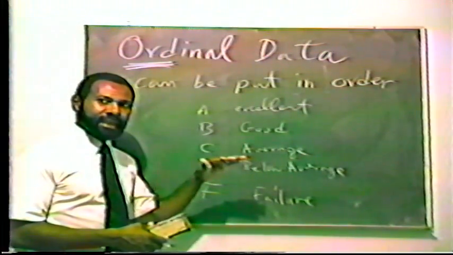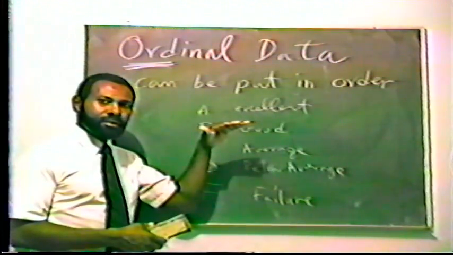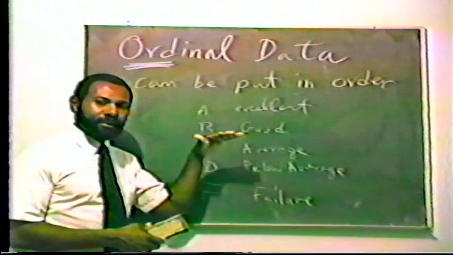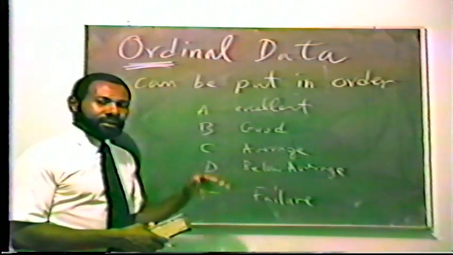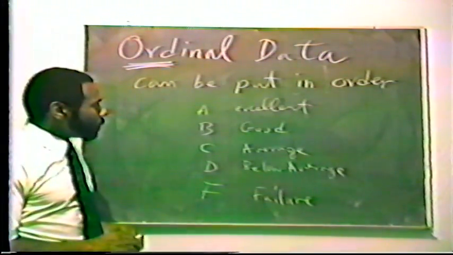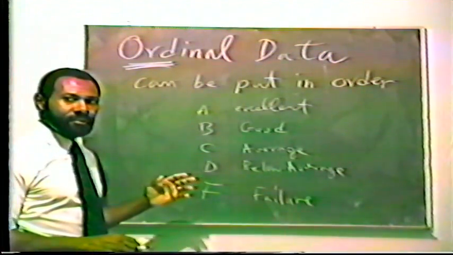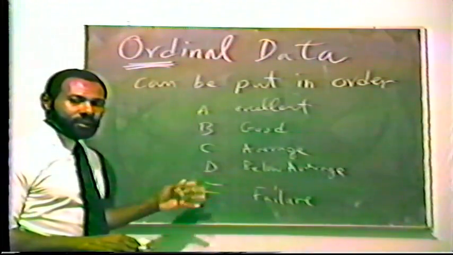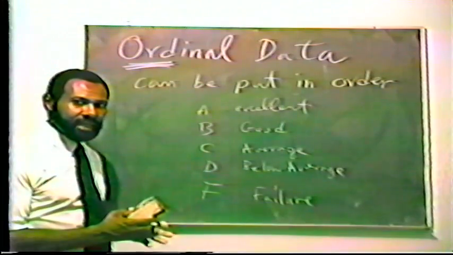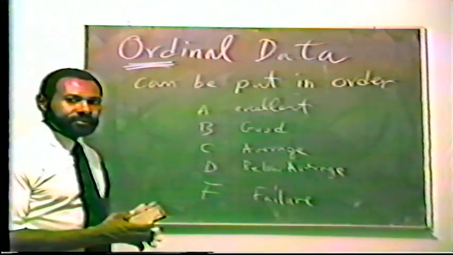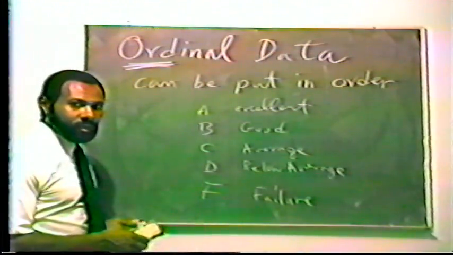If we classify data as ordinal, we are saying that this is as high as you can go with these data. You can't go any higher. So you can see what we're doing here as far as the ordinal data is concerned. The ordinal data satisfies the requirement that we can put them in categories, and also they satisfy the additional property that we can put them in order.